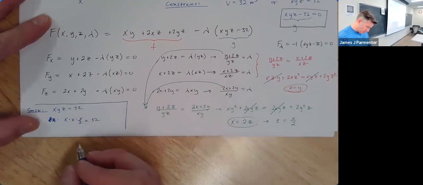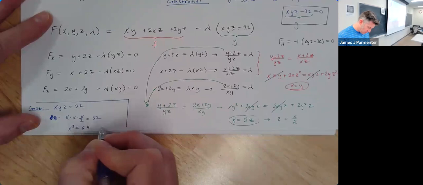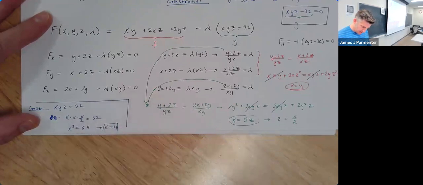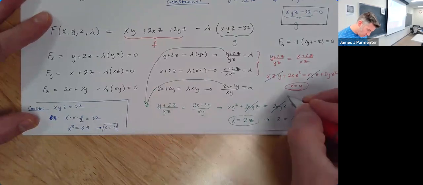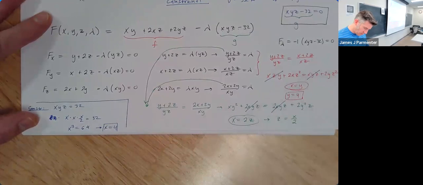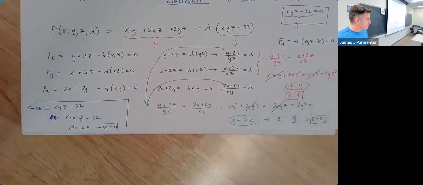Multiply both sides by 2, and you've got x³ = 2 times 32, which is 64. You've got x = 4. If x equals 4, then y equals 4, and then z equals 4 over 2, which is 2. That is the box with the least amount of surface area that still has a volume of 32 cubic meters.